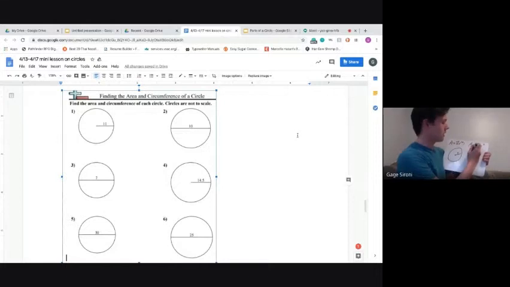So pi times 121. We're going to multiply that. So remember, pi is 3.14, so it's going to be 121 times 3.14 equals 379.94, or effectively 380.